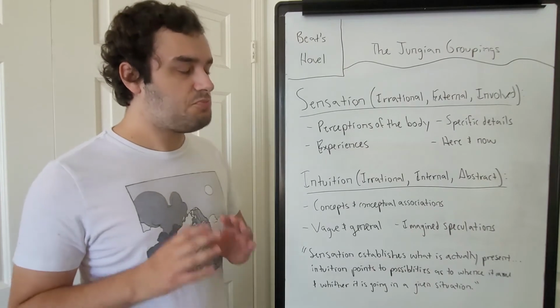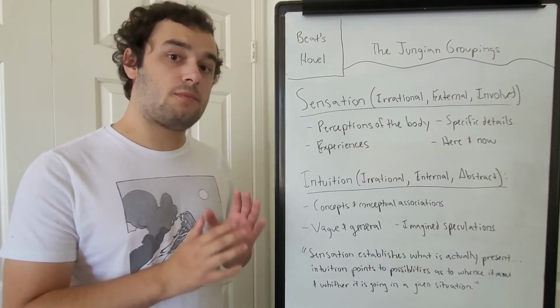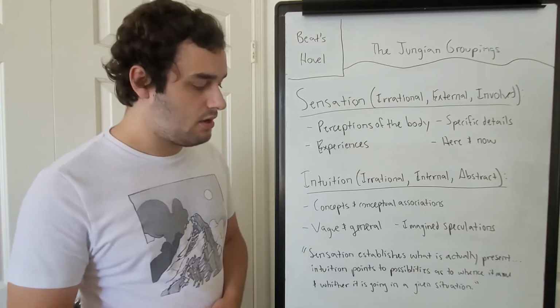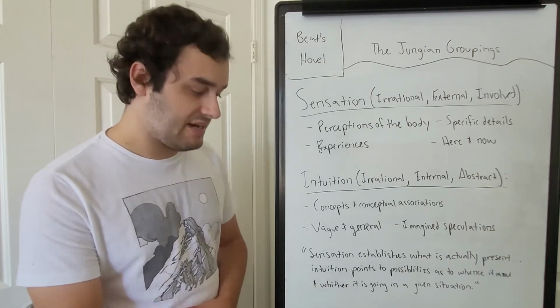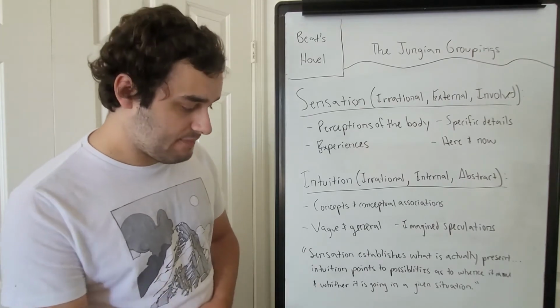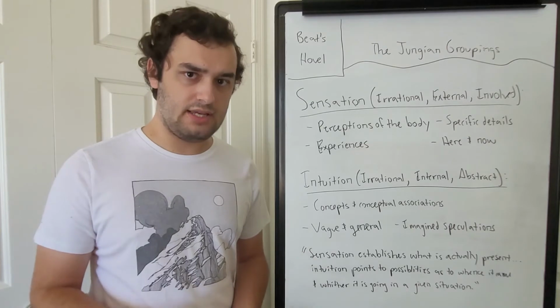And this is probably the only time I will quote Jung, but there is a quote from Jung describing his original categories that I feel makes complete sense here, which is, quote, "Sensation establishes what is actually present. Intuition points to possibilities as to whence it came and whither it is going in a given situation."